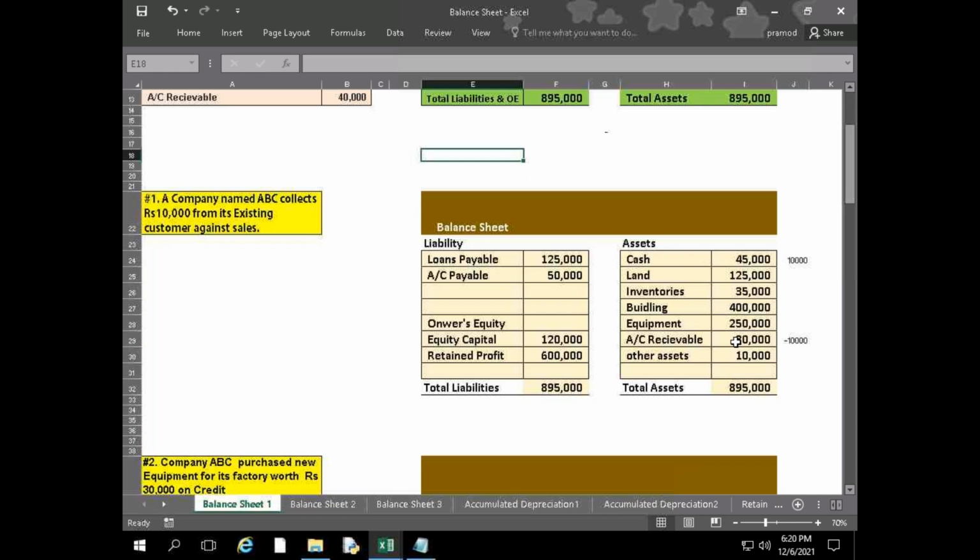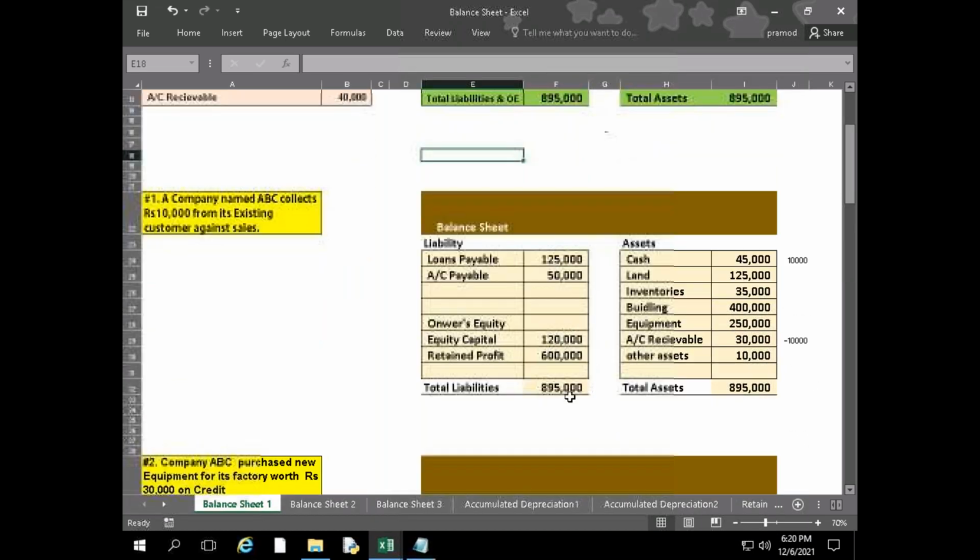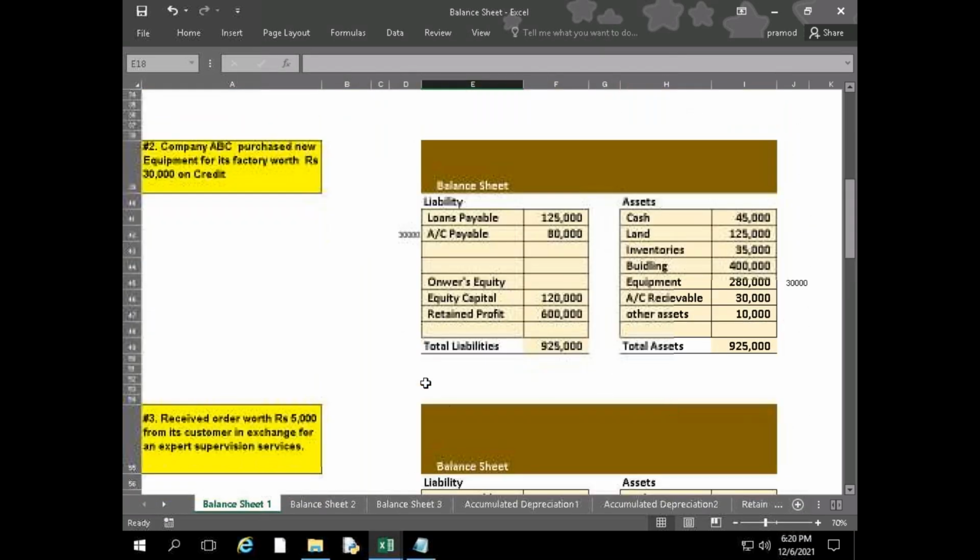Where does the 10,000 go? It is still an asset, coming in the form of cash, so it should be represented as cash. Now it is the same 8,95,000, both assets and liability. It should match, it should be equal.